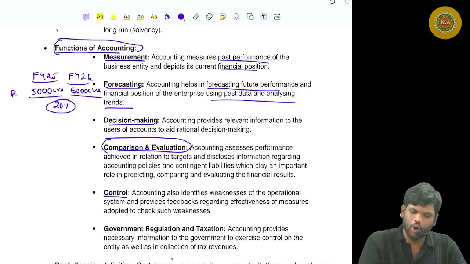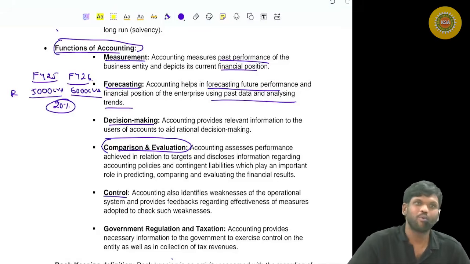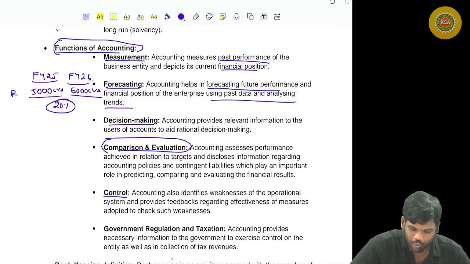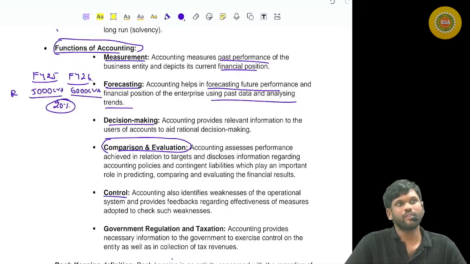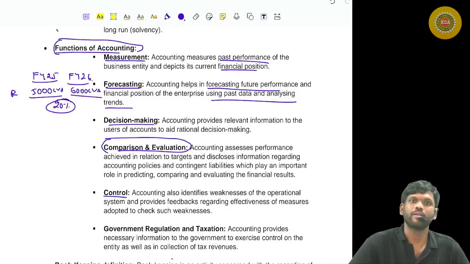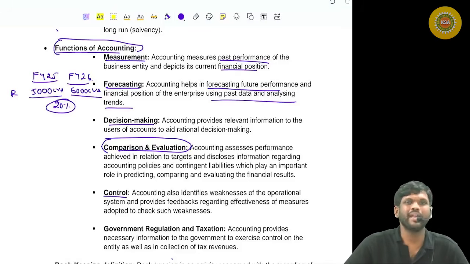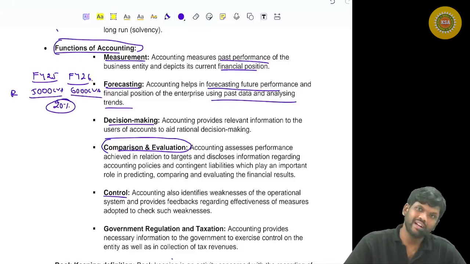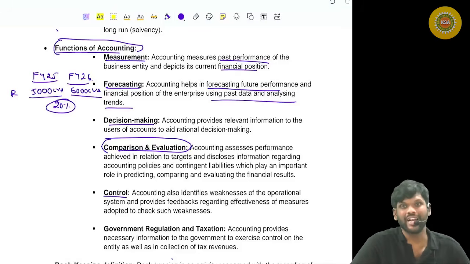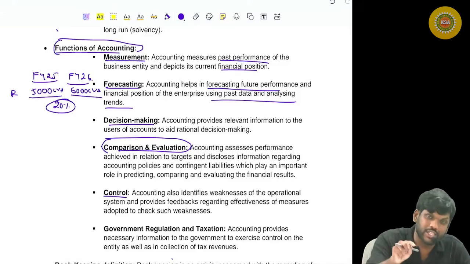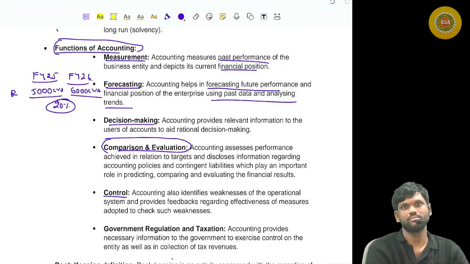Then there is something called control. Oh, sir, what is this control? Now, when you follow accounting, you will be able to prepare the P&L and balance sheet. With that, you will know where you are spending money, where you are losing money, so that you can now take decisions and exercise control.